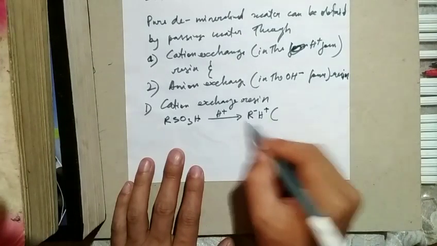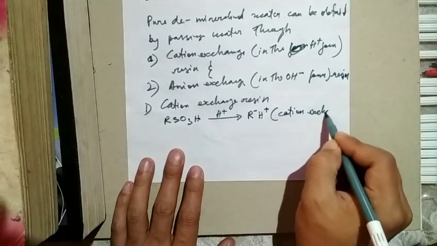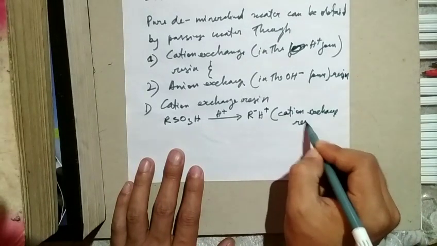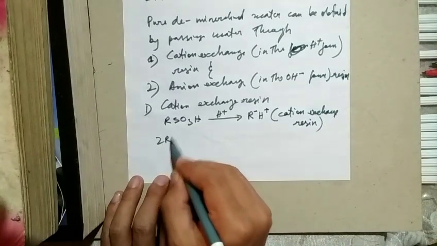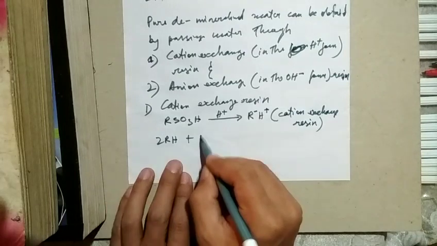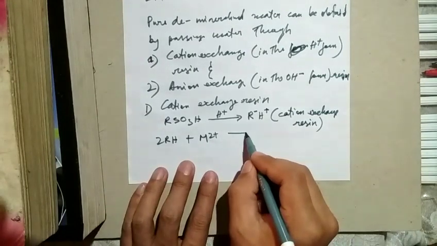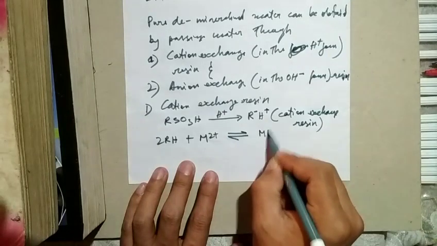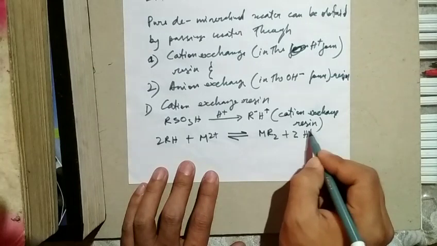This is the cation exchange resin. So 2 moles of cation exchange resin can react with those calcium and magnesium salts to give MR2, which is insoluble, and 2H plus.